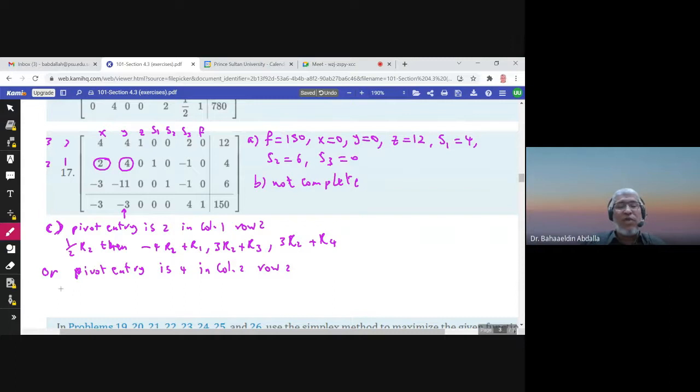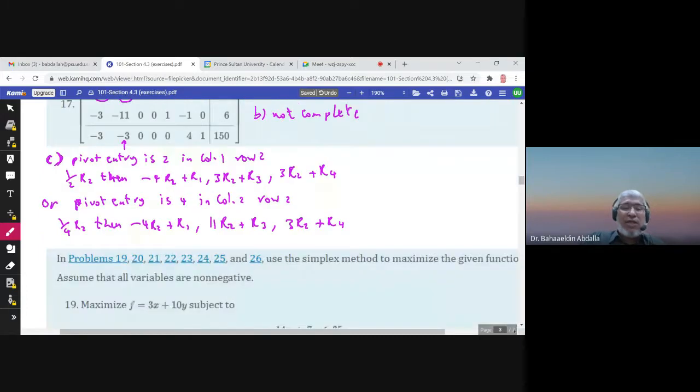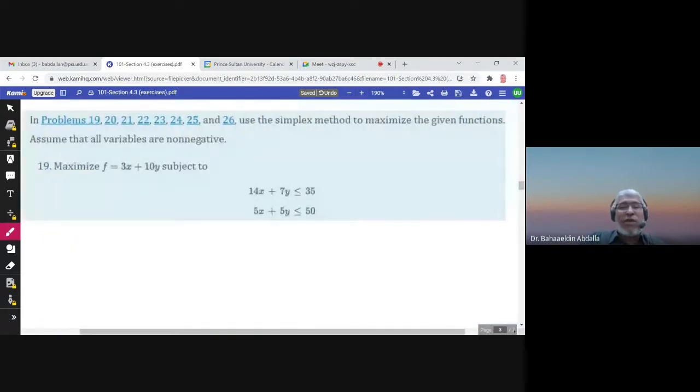And in this case, the operations would be 1/4 R2, then -4 R2 plus R1, 11 R2 plus R3, and 3 R2 plus R4. And that's the end of this kind of problems.